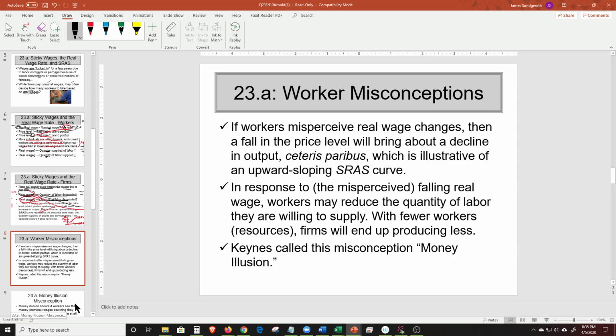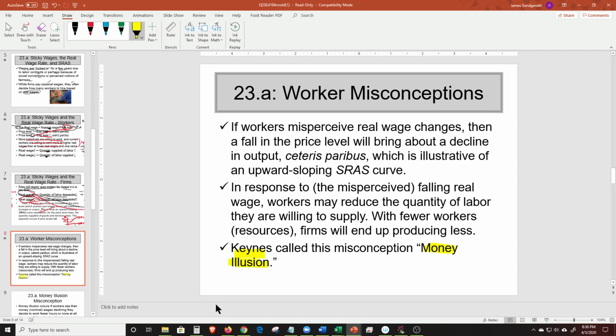So the second thing is workers might have misconceptions about what their real wages were. In other words, they're not sure. And in fact, Keynes, John Maynard Keynes, by the way, and I know a lot of people pronounce it wrong, he really focused on this and said that workers have money illusion.